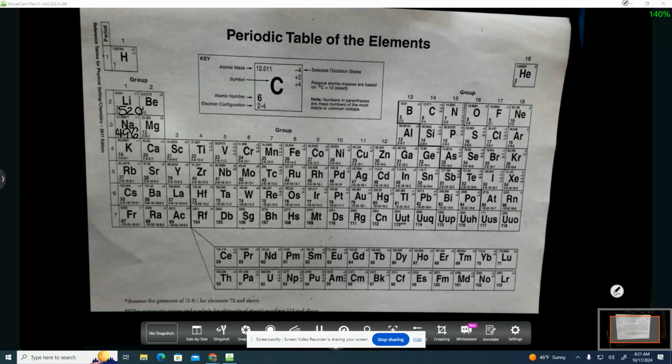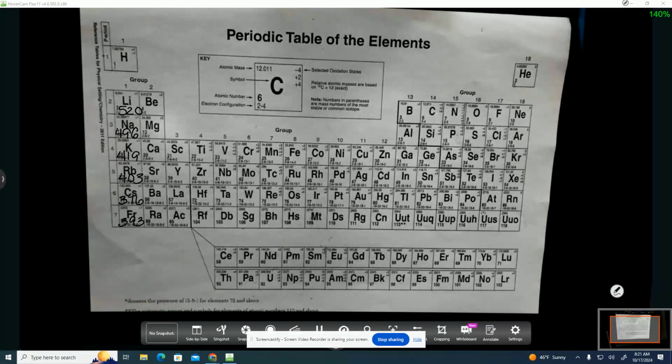What about potassium? 419. What about rubidium? You can't find it? It's number 37. 403. All right, cesium, 55. 376. And finally, francium.